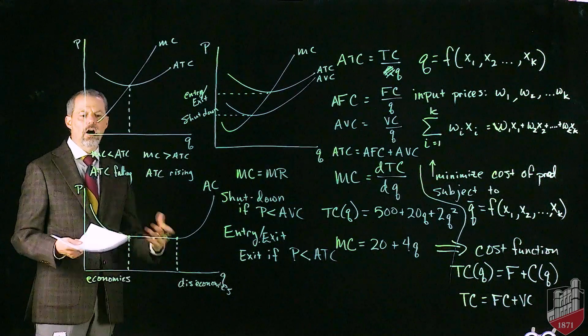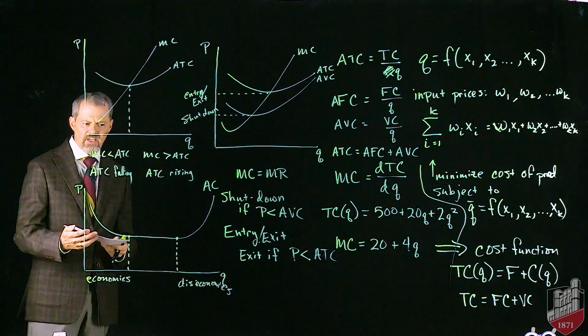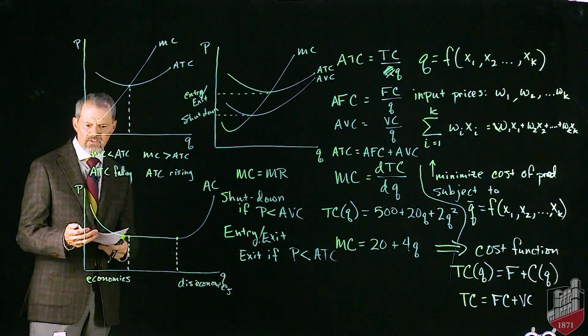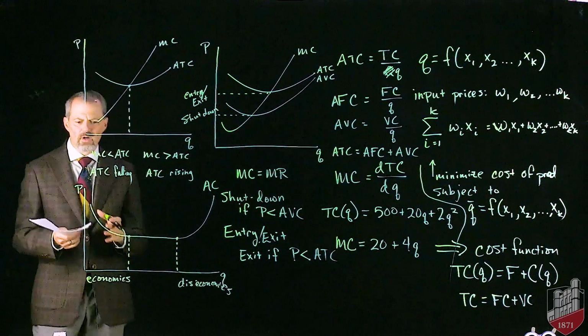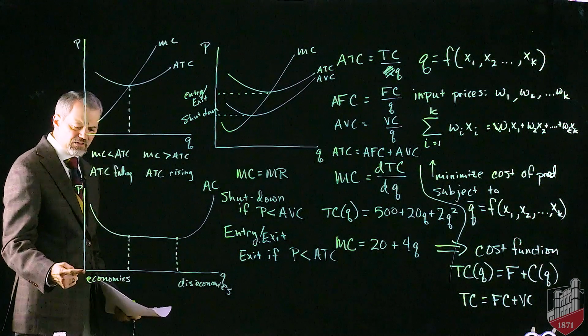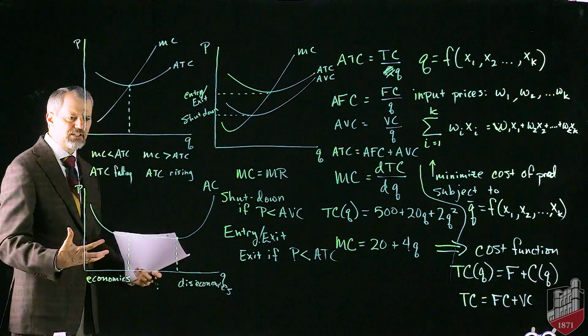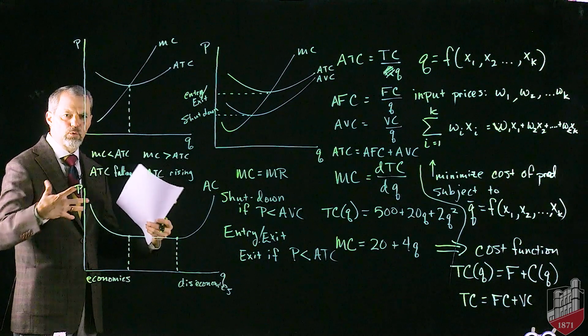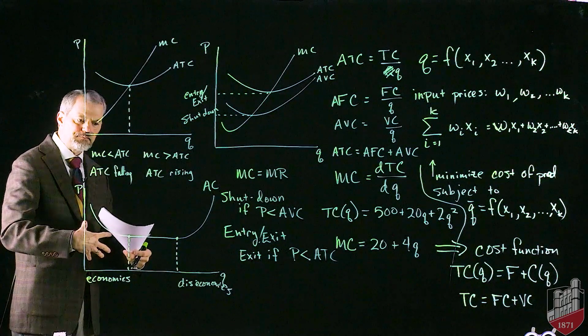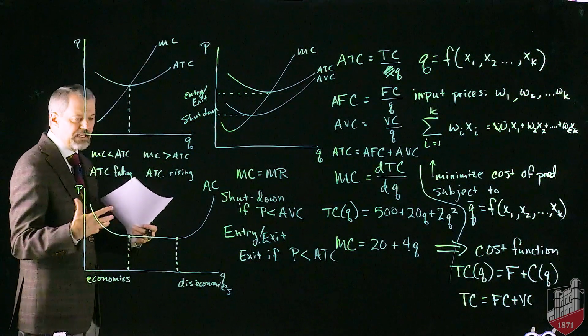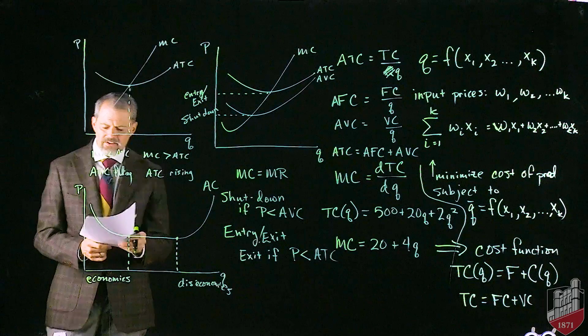If we think about the causes of economies of scale and diseconomies of scale, let's start with economies. Really what's happening here is that as the firm increases the scale of its operation, that allows for its workers to specialize. And when the workers specialize, then they get better, they get more productive at the task that they're doing.